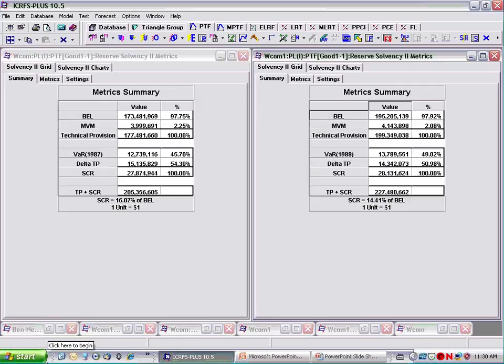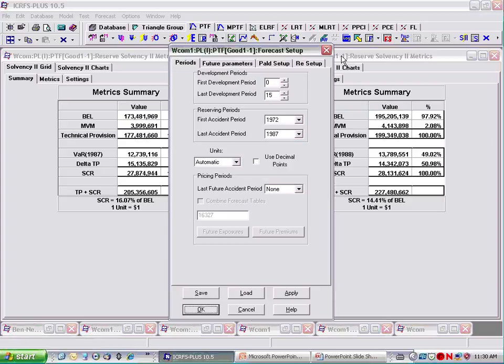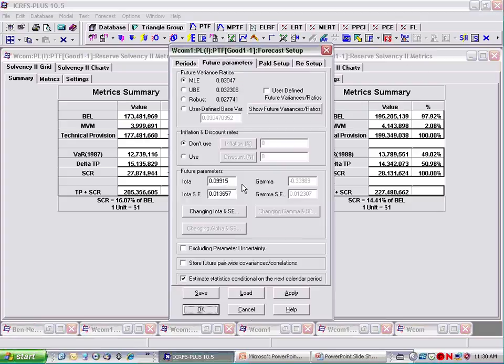If I went to WCOM1 and then decided, hold on a minute, I don't want to forecast with a trend of 10%, let's use a different trend. Instead of making it 10% or 9 point something, why don't we make it 15? Let's make it 16. Well, of course, all the answers will be inconsistent.